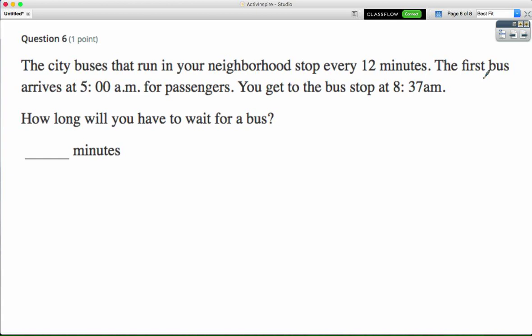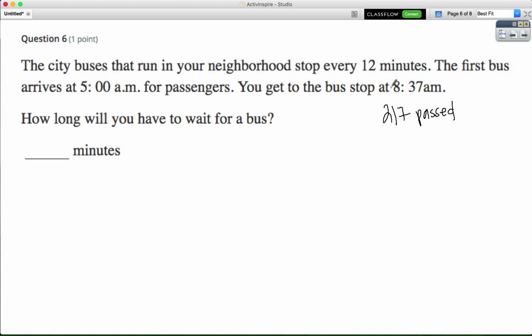So 5 to 8, 5, 6, 7, 8, that's already 3 hours. So 3 hours is 180 minutes, but then there's another 37 minutes on top of that. So a total of 217 minutes have passed from 5 to 8:37 a.m. So we have 217 minutes that have passed.